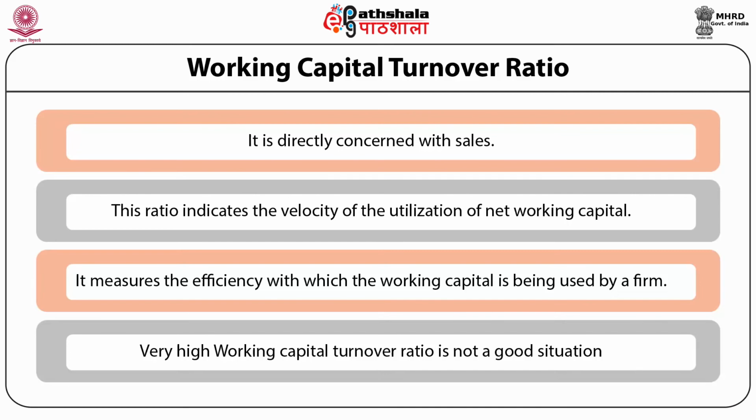This ratio can be calculated using the following formula. Working capital turnover ratio is equal to cost of sales divided by average working capital. Average working capital can be calculated by adding opening working capital and closing working capital and then dividing both by 2.